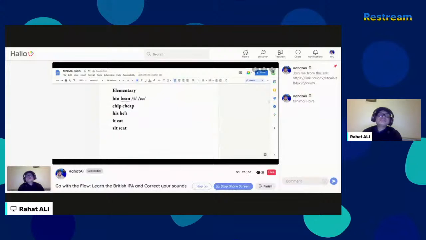Some of the common minimal pairs are bin, bean, chip, cheap, seed, seed, it, eat, his. How about kit, meat, meat?